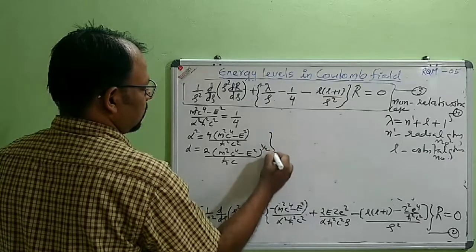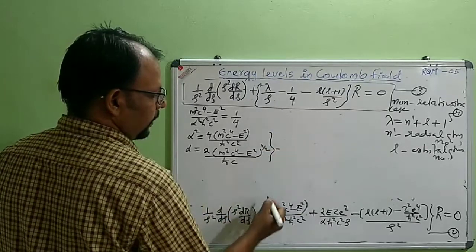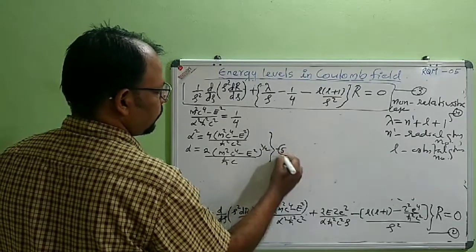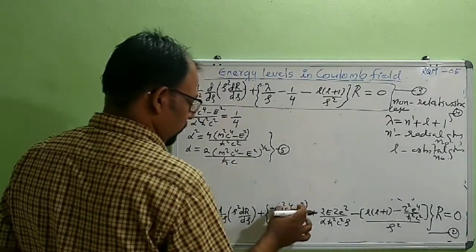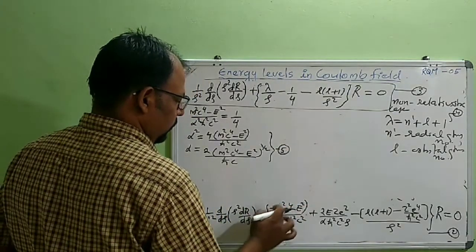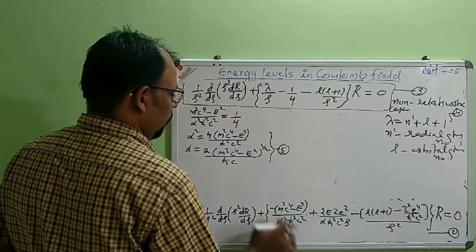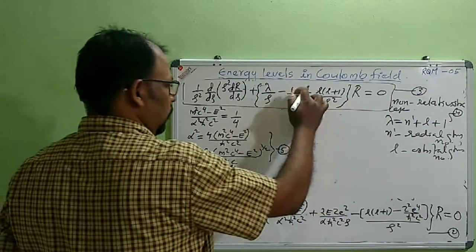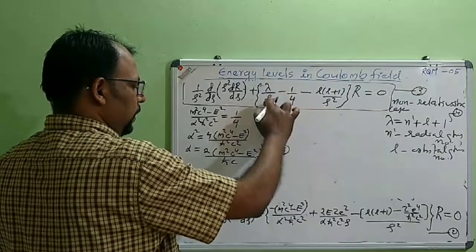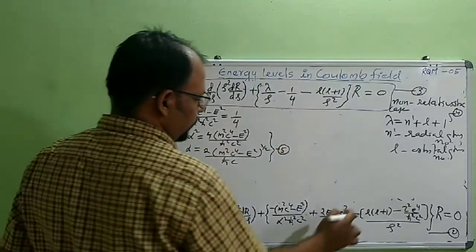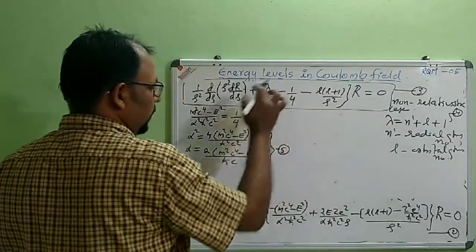This value of alpha I am taking as equation number 5. So I have given one substitution. Instead of this term I will be giving 1 by 4. So this term becomes minus 1 by 4. Now I got the term identical to this one. Now lambda by rho. The coefficient of 1 by rho, that should be lambda.